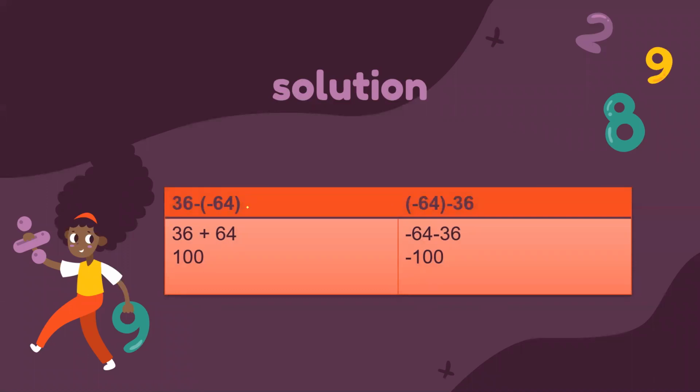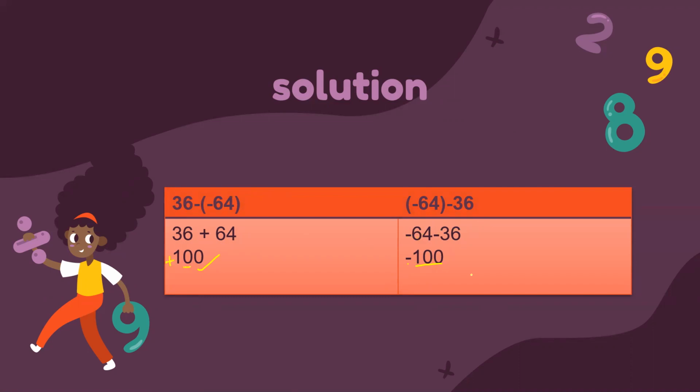36 minus 64. So we know that this minus will be plus. 36 plus 64 will give you 100. Now in this case we have to add as well, so we'll get minus 100. Here we have minus sign and here we have positive.